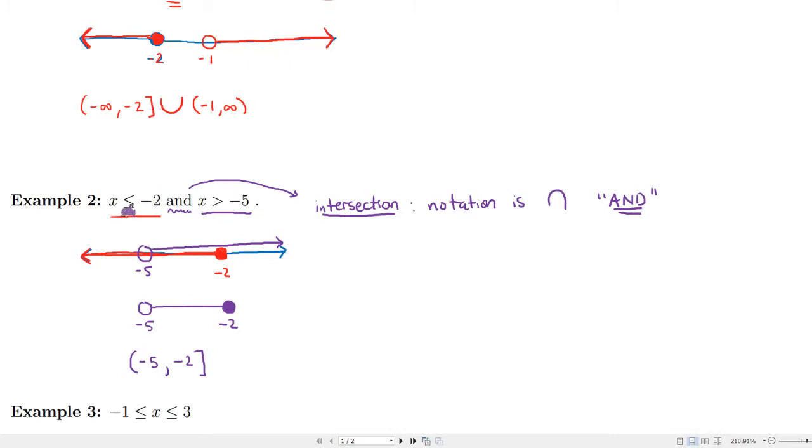You want to be one and the other. The x values that are in this region right here satisfy both inequalities. So for example, -3 is a value in here, and -3 is less than or equal to -2, and -3 is greater than -5. Okay.